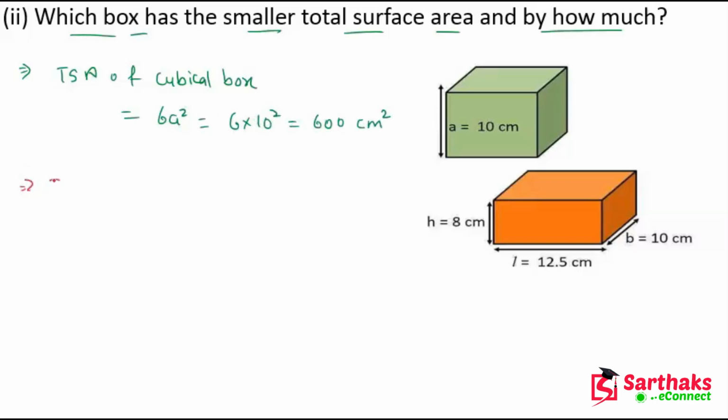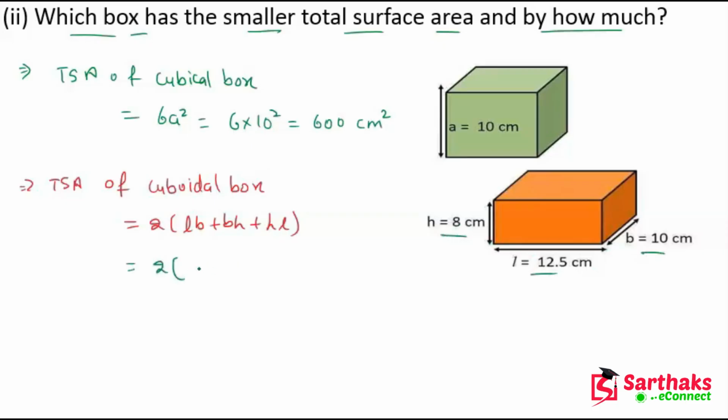And TSA of the cuboidal box is equal to 2 into LB plus BH plus HL. Now put the values of L, B and H. So here we get 2 into 12.5 into 10 plus 10 into 8 plus 12.5 into 8.